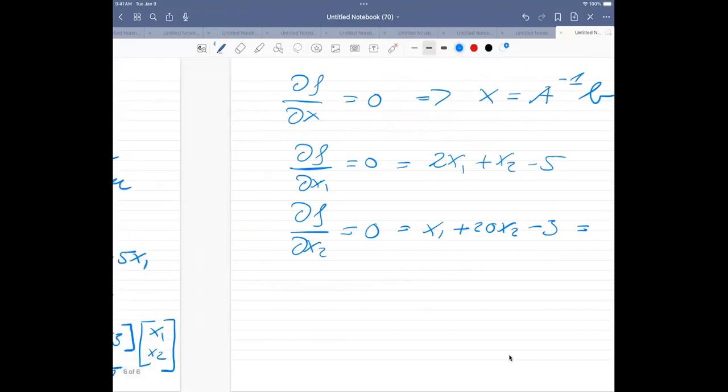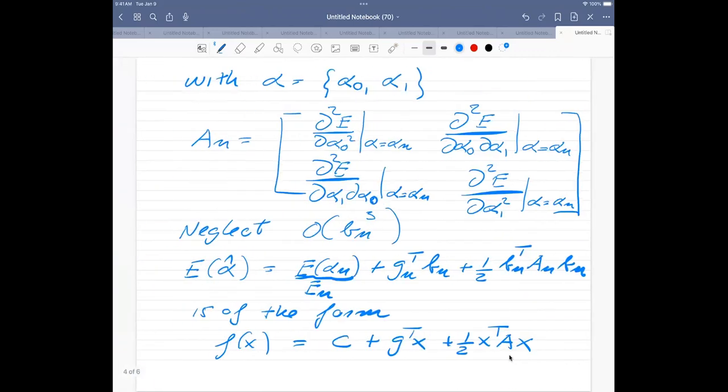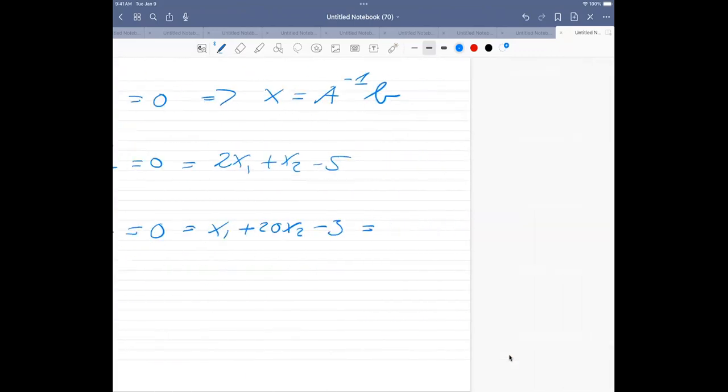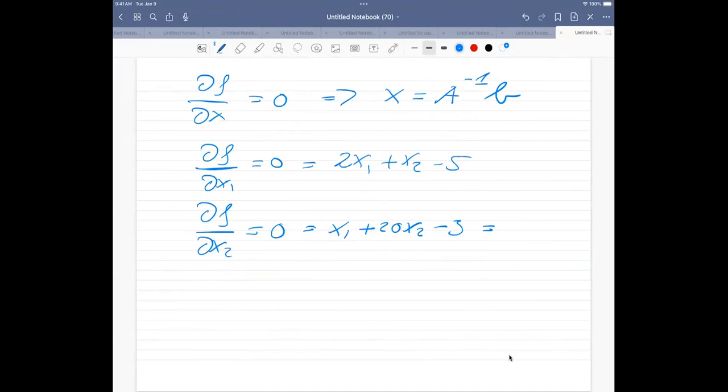So the next approach is to start with a guess, which I call x0. And this is going to be a vector which I can just set up. This vector could just be a random vector which I pick, let's say minus 3 and 1.